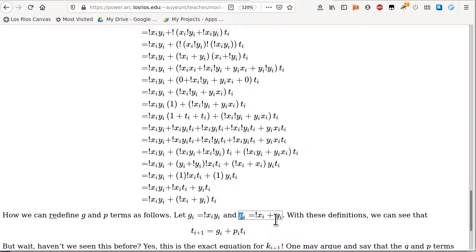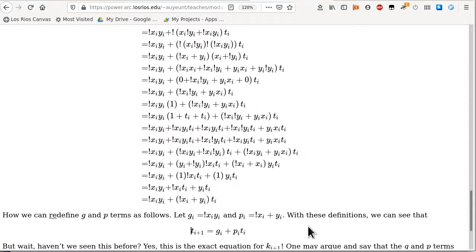But guess what? Once we define gi and pi this way, we end up with something that looks kind of familiar, right? Because now t of i+1 can be expressed as g of i or p of i and t of i. All right, cool. So if we just change all the k to t from the previous module, then everything will work now.